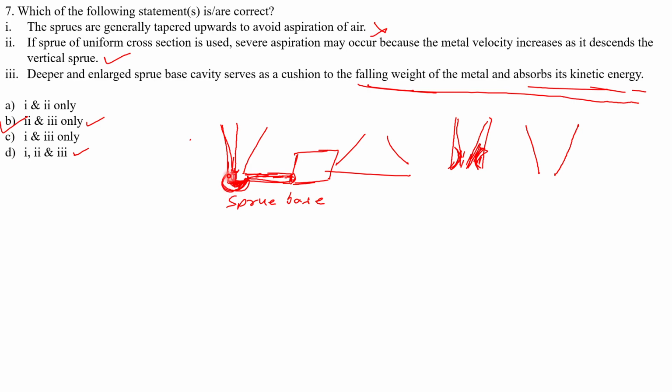So what the sprue base is going to do, it is going to absorb all the kinetic energy of this molten metal falling with high speed, and it will regulate the flow inside your cavity. So the second and third are the correct ones.